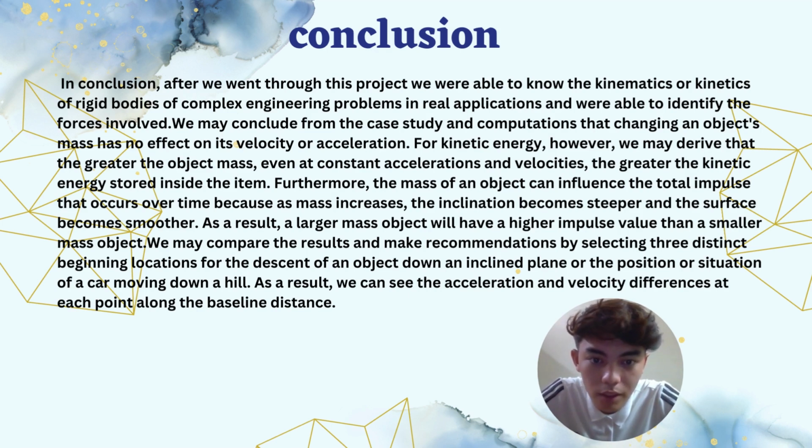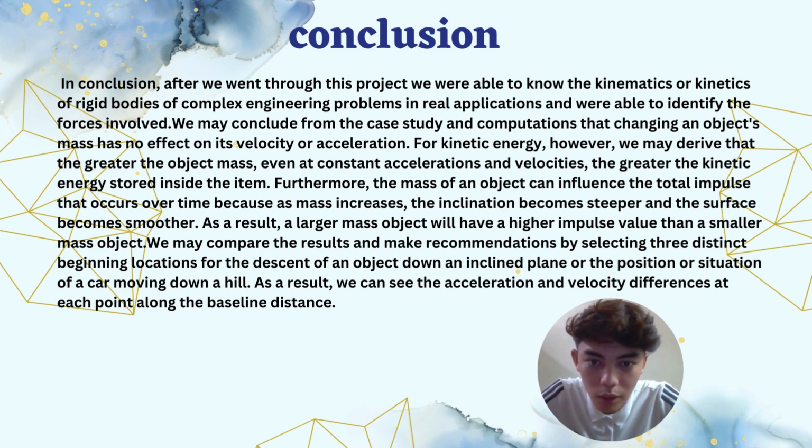Furthermore, the mass of an object can influence the total impulse that occurs over time because as mass increases, the inclination becomes steeper and the surface becomes smoother. As a result, a large mass object will have a higher impulse value than a smaller mass object.